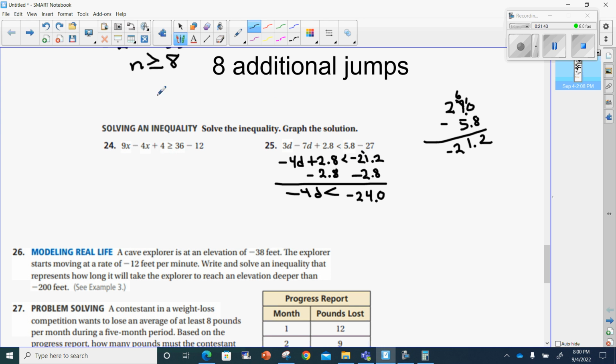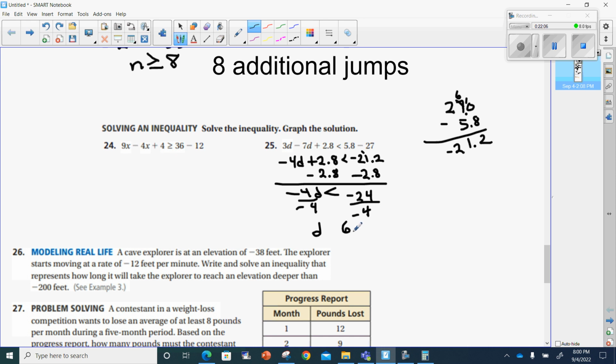I don't need to put 0.0 there, so I'm going to get rid of that. Let's see. Well, next I have to divide negative 4 away. Whatever I divide from one side, I divide from the other. A negative divided by negative is a positive. And 24 divided by 4 is 6.